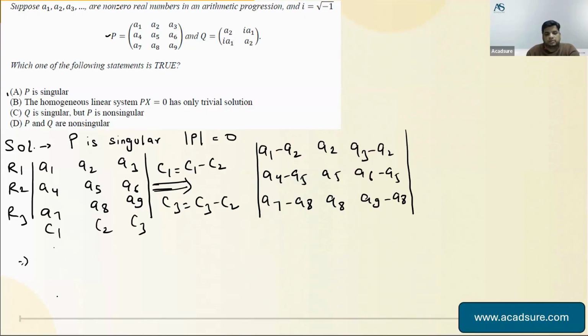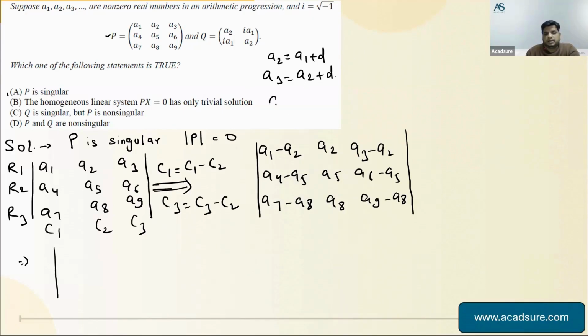Now because A1, A2, A3 are in arithmetic progression, A2 will be equal to A1 plus D. Similarly, A3 will be equal to A2 plus D. That is the property of the terms in AP, right?